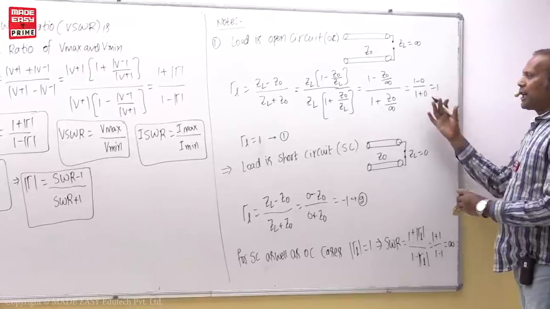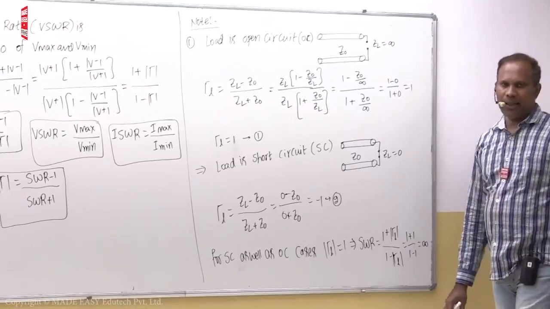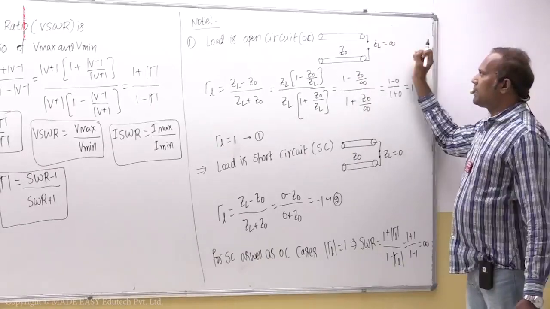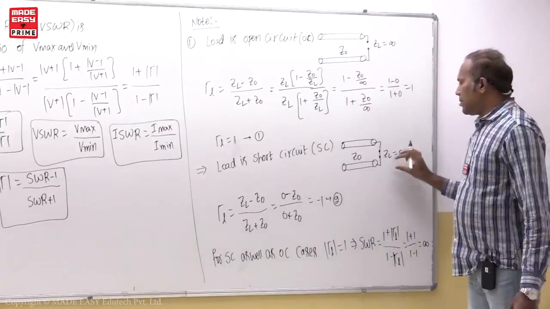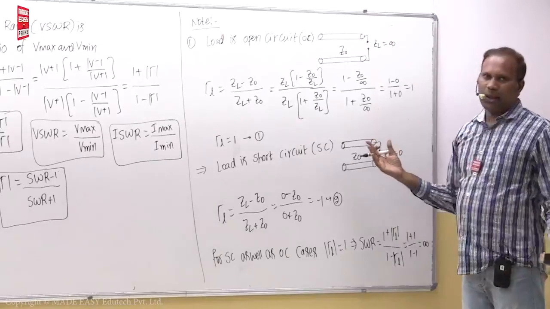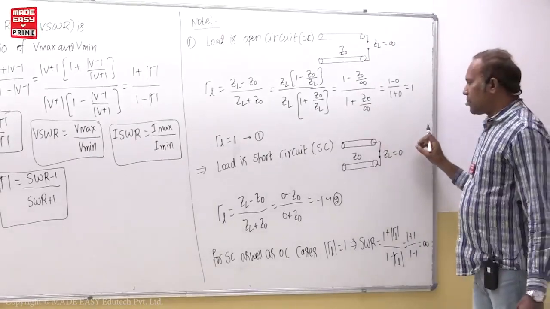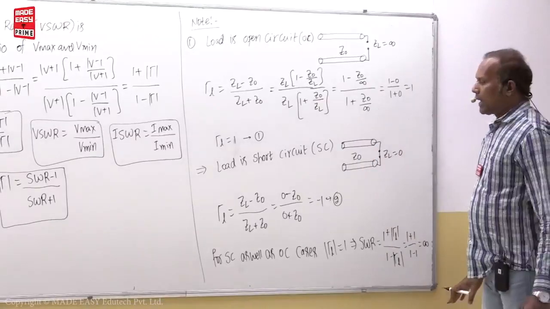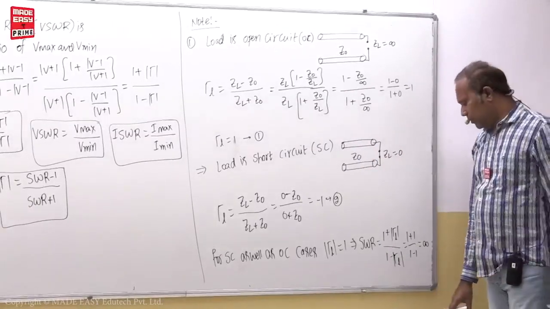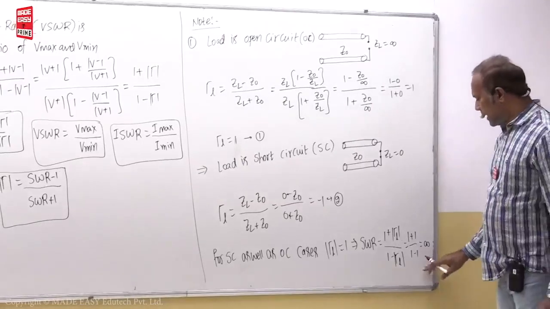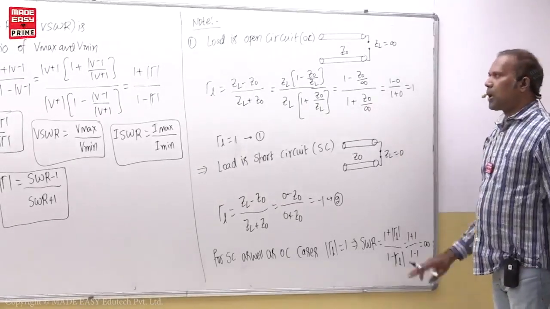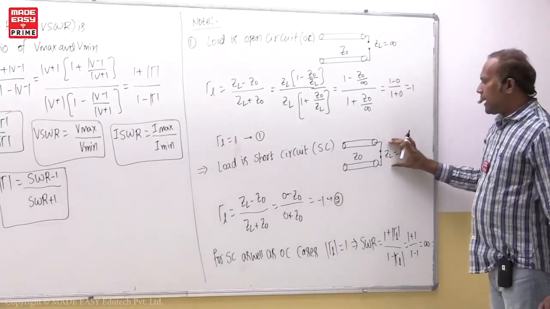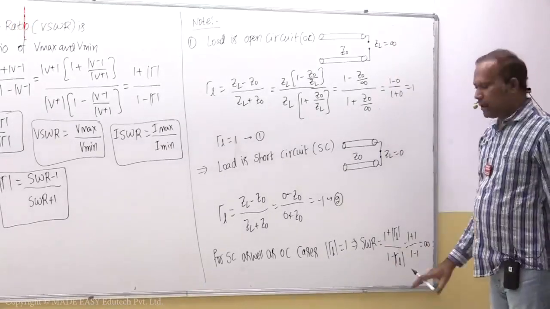So in both the cases, a standing wave is present. The meaning is that ZL infinity means there is no antenna to receive the energy. Everything is reflected. Here short circuit means there is no antenna device. Whatever signal comes is reflected back. So there is a standing wave on the transmission line. Standing wave means not a traveling wave. So in this case, there is no wave propagation on the transmission line, because the receiving antenna is not there to receive the energy.